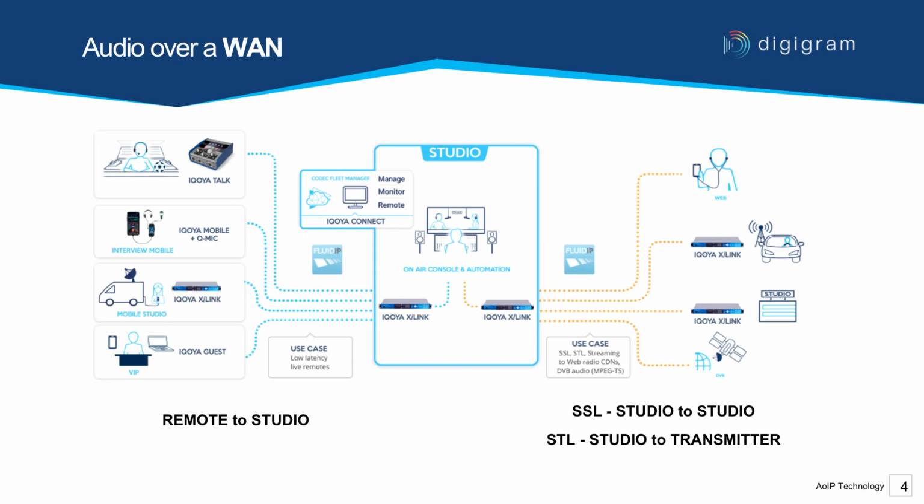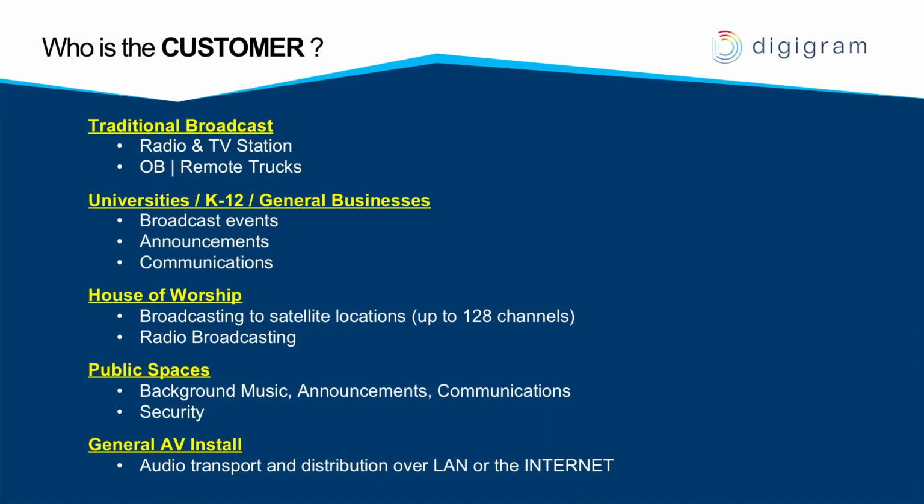So who is the customer for this technology? Well, certainly traditional broadcast, radio, TV, OB vans, remote trucks. That's sort of obvious. Universities who want to broadcast events or lectures and connect campuses can use this technology, and we're going to show you more specifically how.